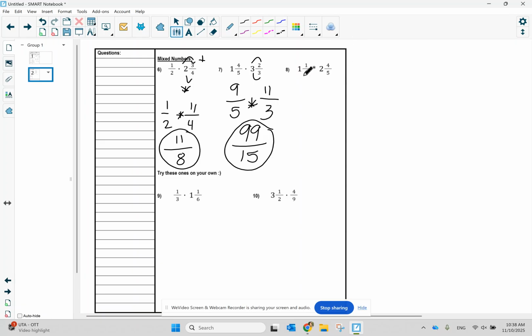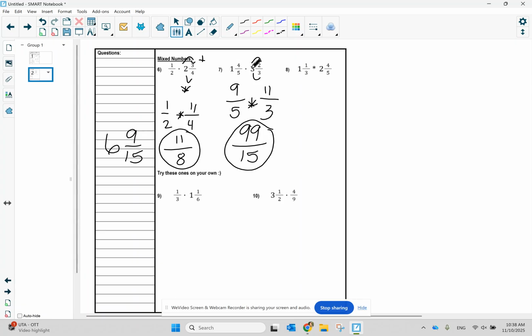All right, same thing for this next one. Make the improper fractions first. Actually, no, I was going to show you why it does not work. So if we simplified 99/15ths, we would get 6 wholes, because 15 can go into 99 6 times. 15 times 6 is 90, so then we'd have 9/15ths left.